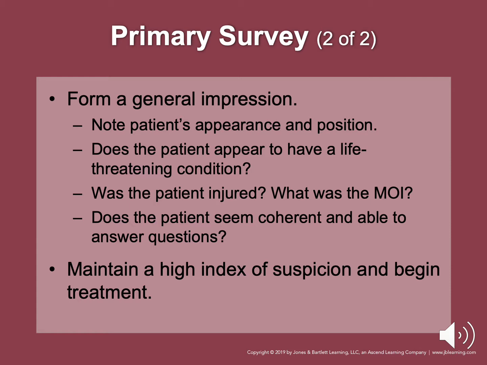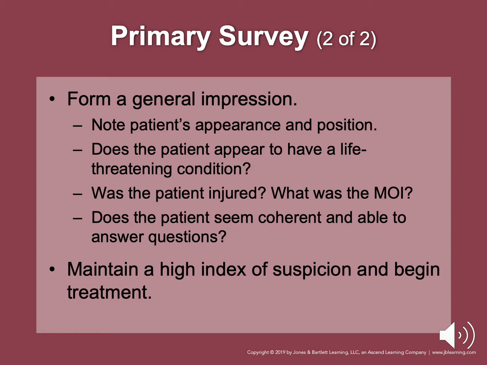Note the patient's position and whether the patient is moving or still. You've got a patient that's up walking around. Could they have a spinal fracture? Yes. Is it only an acute spinal fracture that causes damage later? Probably not.